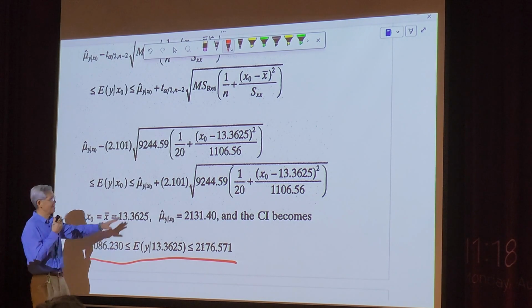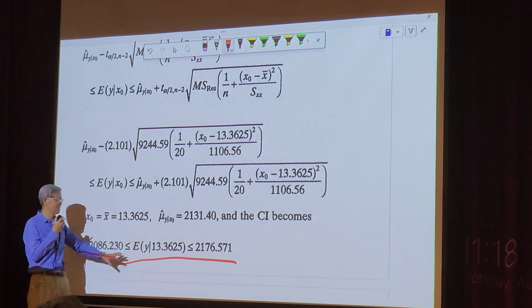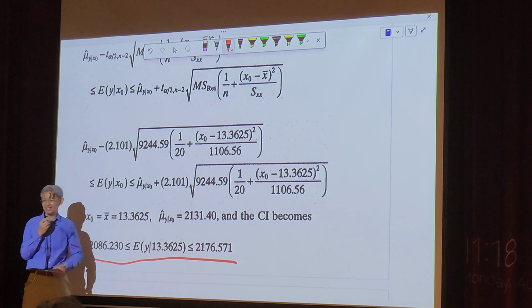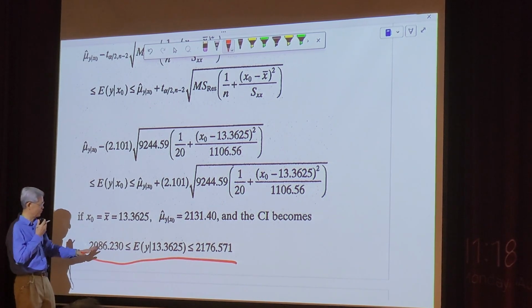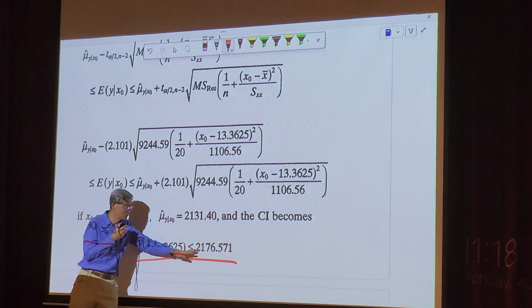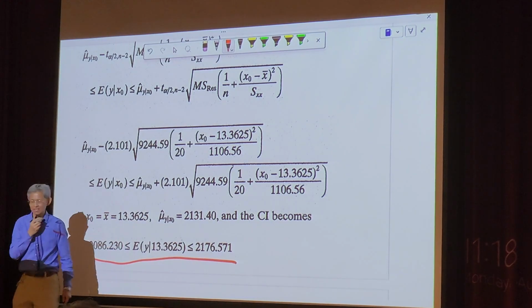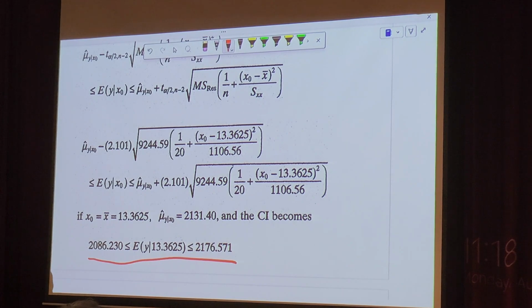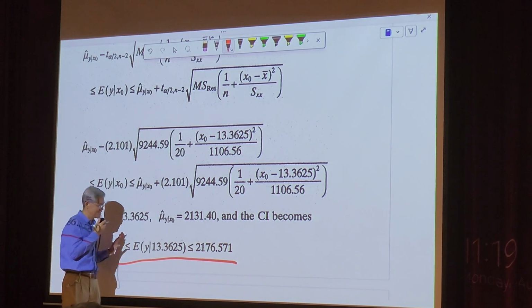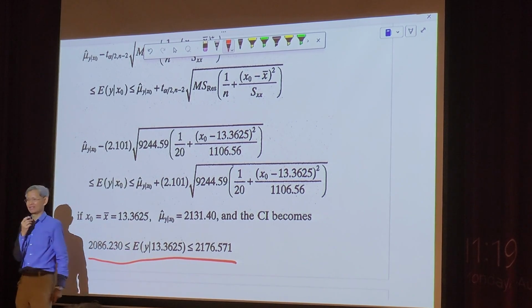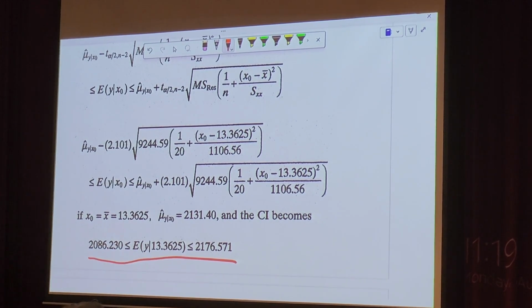Does it mean that when you construct a confidence interval, the true parameter that you want to estimate is now confirmed to be between 2086 and 2176? Is that what happens? You don't know. We will never know whether the true value is between these two values. Why?